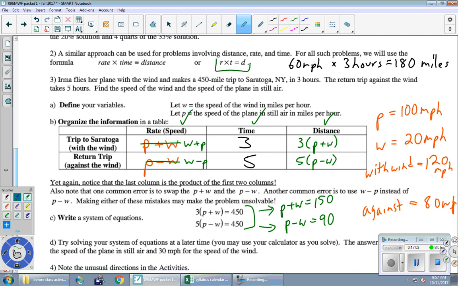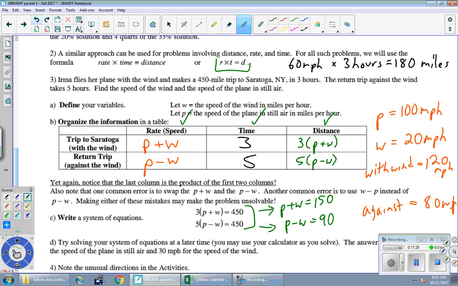And if you did W minus P for the 100 and the 20 that we picked before, what would you get? Negative 80 miles per hour. That is not what the plane is doing, and you will not get the right answer if you solve that equation. But nothing is going to jump out at you that says this is wrong. You just have to know the plane is the thing that goes first. You are not subtracting the wind minus the plane. You are doing plane minus wind. So be careful about the order. Got to start with the plane.